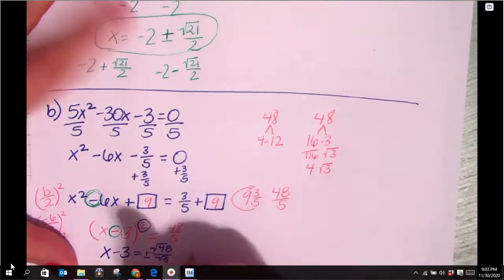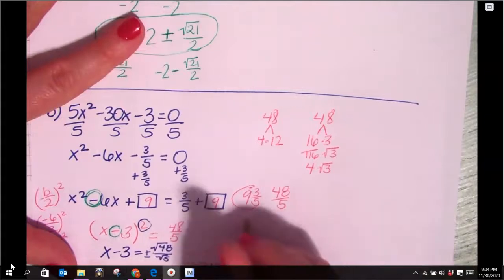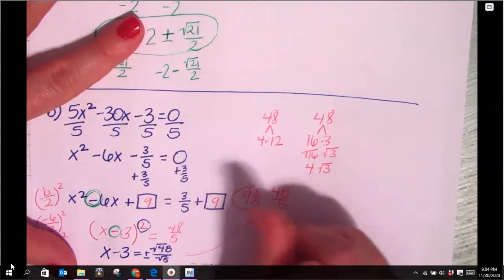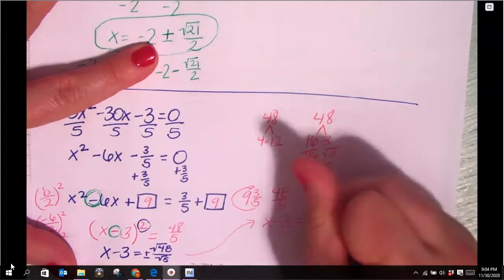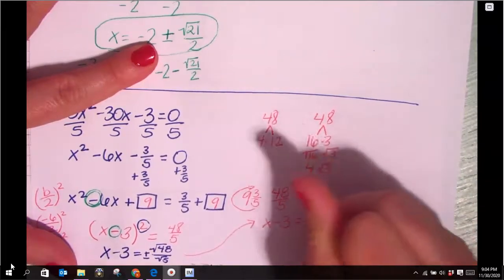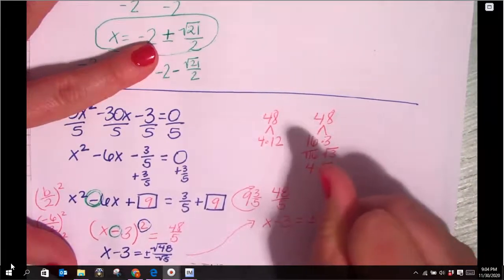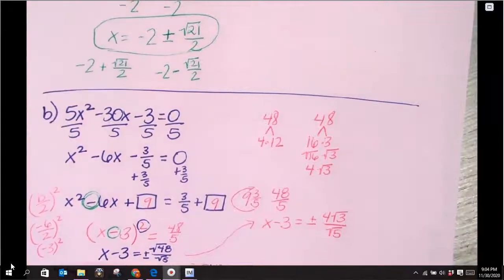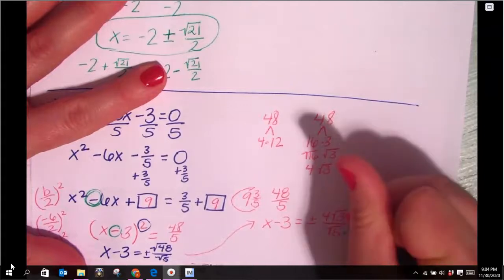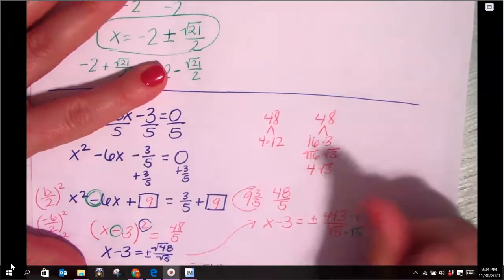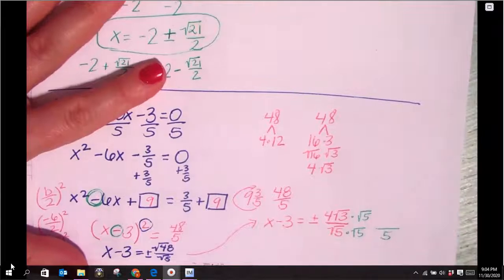So I'm going to bring this over here, x minus 3 equals plus or minus 4 square roots of 3 divided by the square root of 5. Now again, you cannot leave that 5 in the denominator, so you multiply by the square root of 5. That is going to give us regular old 5 on the bottom.